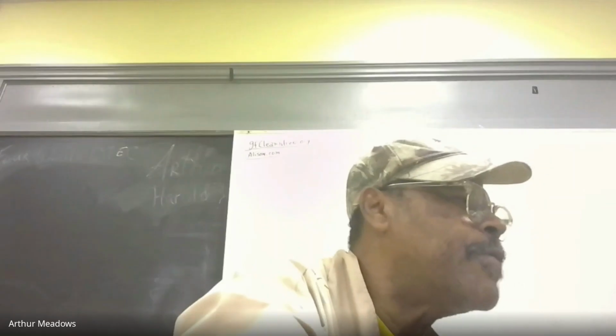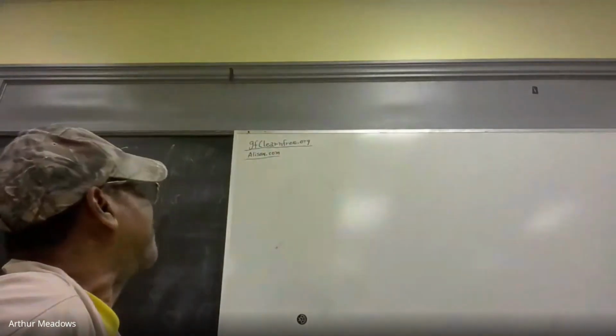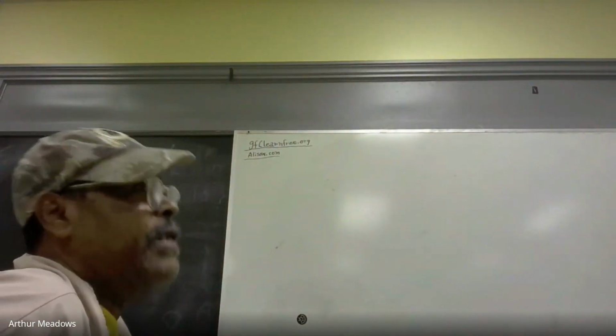Man, I need some help. I'm gonna need you to go back. You need to come into class. Probably. I need a one-on-one class. You know where you get that? You go straight to gfclearnfree.org and you go to allison.com.